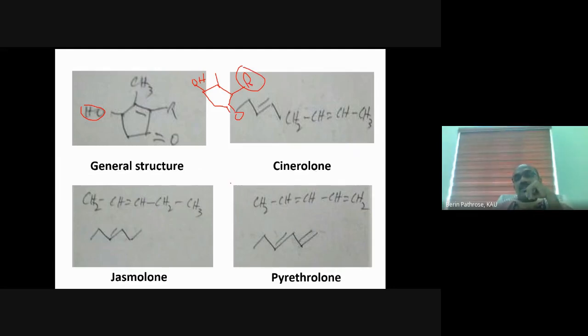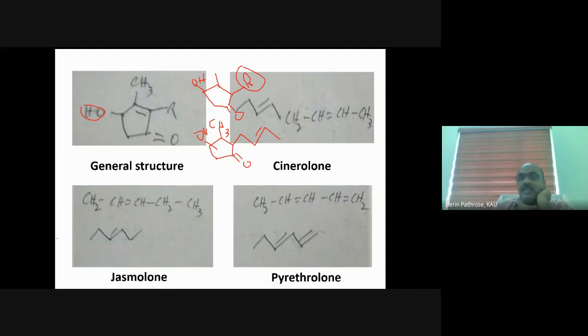And how it differs, I will first draw the cinerolone structure. So this is the alcohol, this is CH3, and this is the keto group, and here we have a side chain, and this structure will be like this, and here we have a double bond.